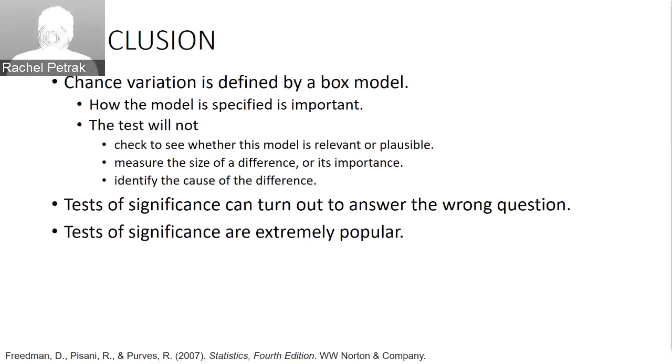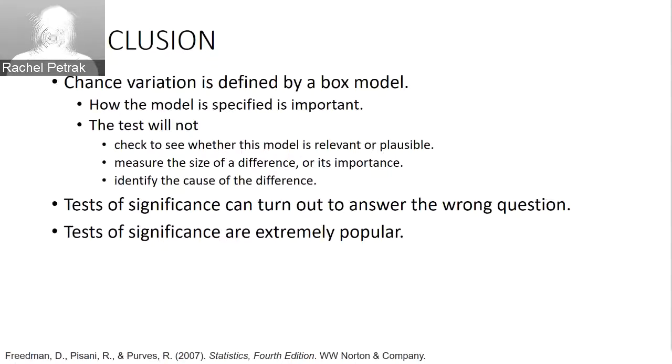Finally, tests of significance are incredibly popular nowadays. You'll be hard-pressed to read a research article that doesn't have a test of significance. I mean, they're so popular. And one reason is that they're part of an impressive and well-developed mathematical theory.